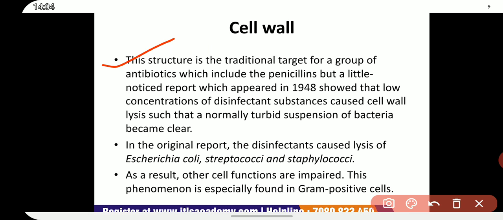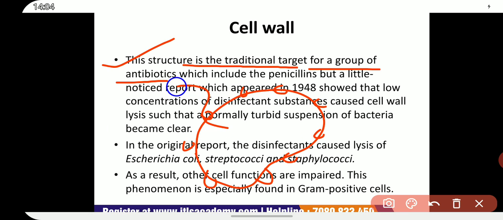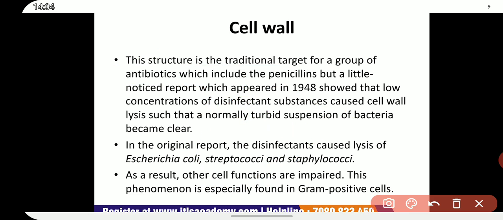This structure is the traditional target for a group of antibiotics. In the cell wall, some kind of pores are present, and through those pores, gases and some materials are exchanged in and out of the cell. So these are the target for a group of antibiotics.